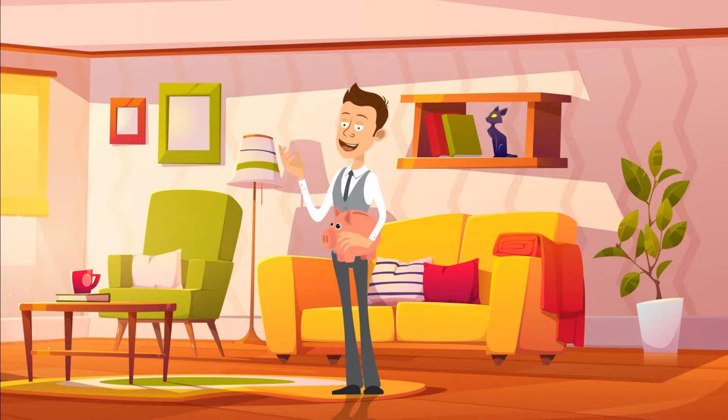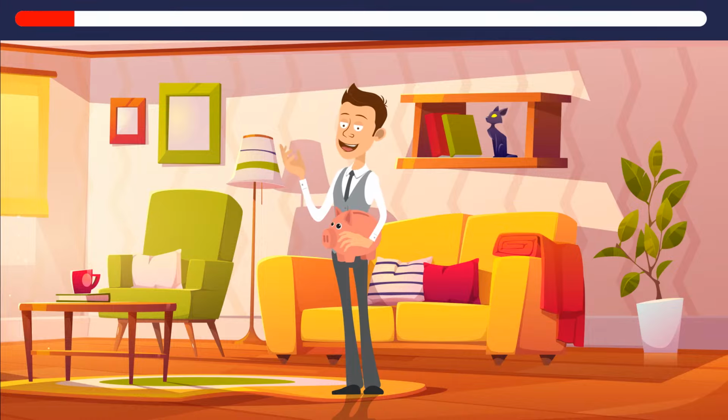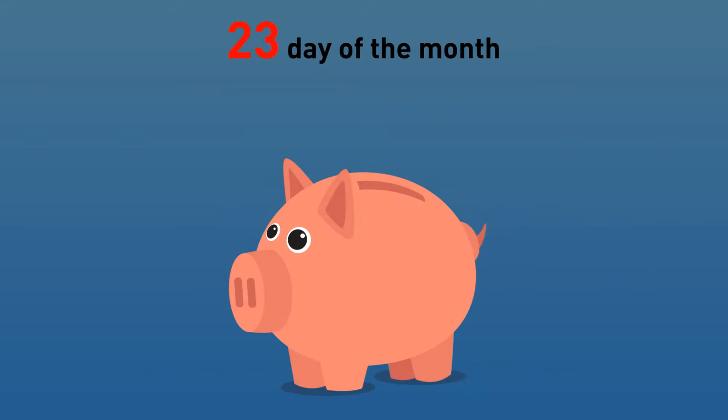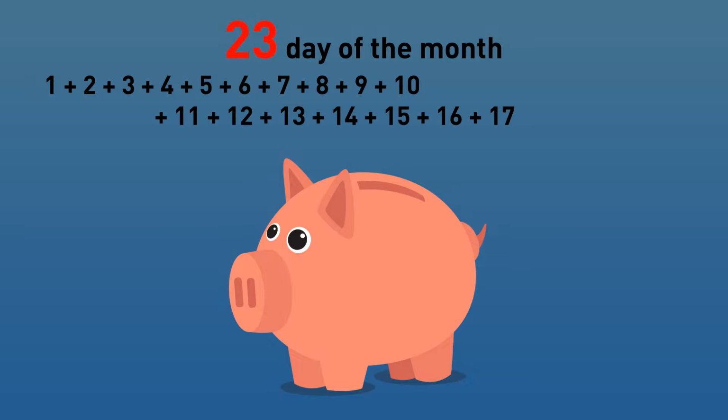Can you guess the exact day of the month when Shelly was born? Shelly's birthday is on the 23rd day of the month. The easiest way to crack this riddle without engaging in any formula would be to simply add the numbers until we get 276. It will happen on the 23rd day.